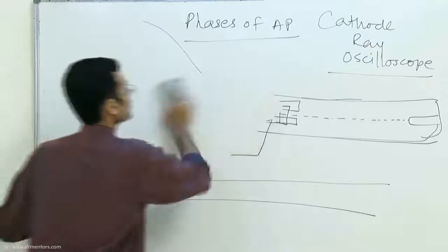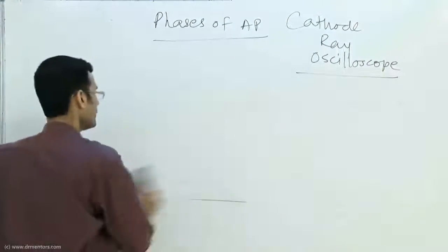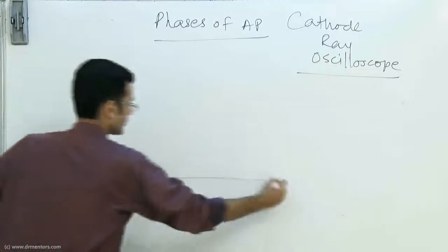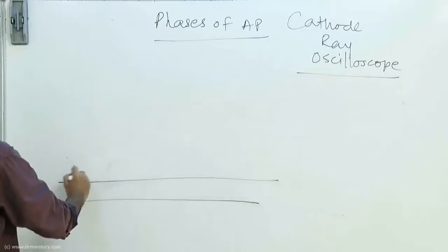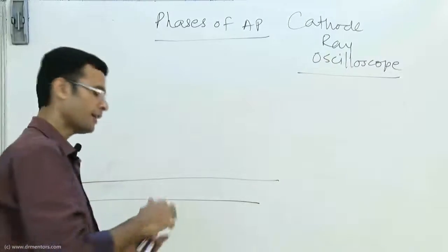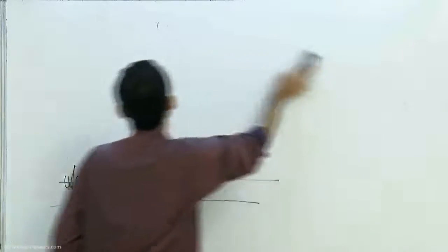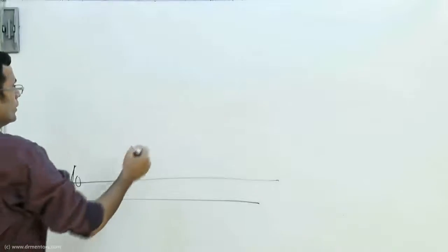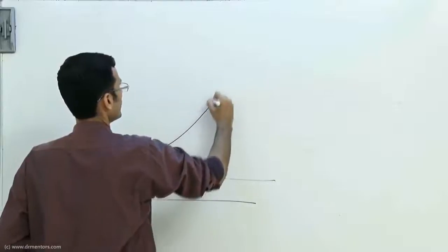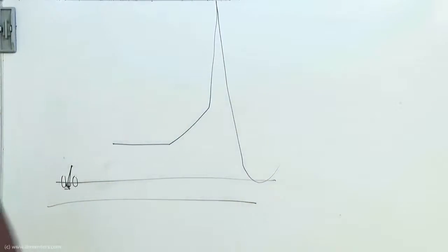Let's see the phases of an action potential at one point. Basically, there are two changes: inside becomes positive, and inside again becomes its original negative potential. Graphically, it will look like this.